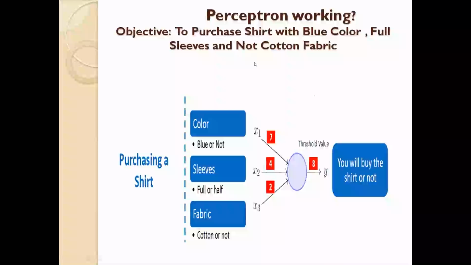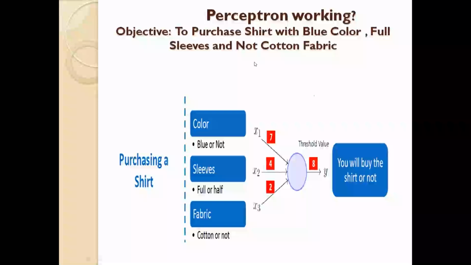If this condition is satisfied, then only purchase the shirt. This is my objective. Now suppose I want to solve it with the help of a perceptron. In the diagram, I have one perceptron, and in our problem statement there are three characteristics: color, sleeves, and cotton fabric.